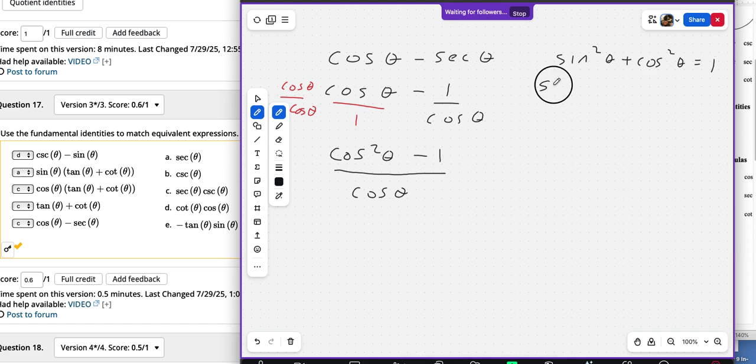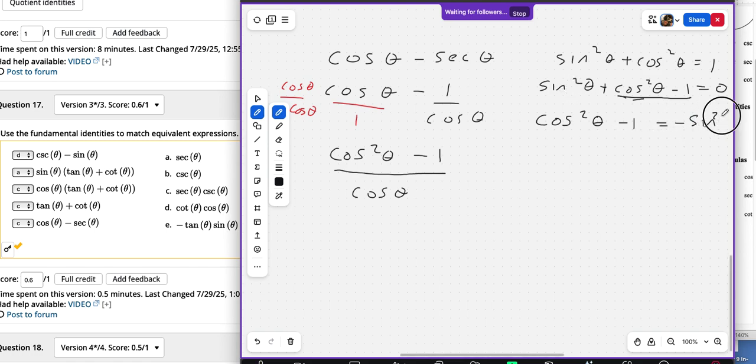So what if I brought the minus 1 over, and that left nothing over there, so that would be equals 0. Now I have this piece that's right there, and so I'd have to subtract sine squared theta over to this side, and that would leave me exactly what I'm looking for, cosine squared theta minus 1 equals, and then when I subtract that, it'll be minus sine squared theta.